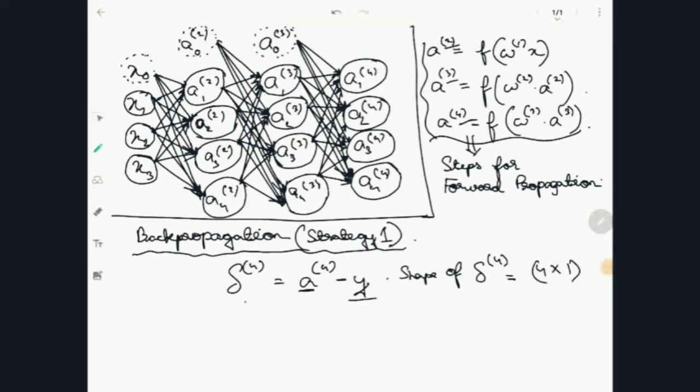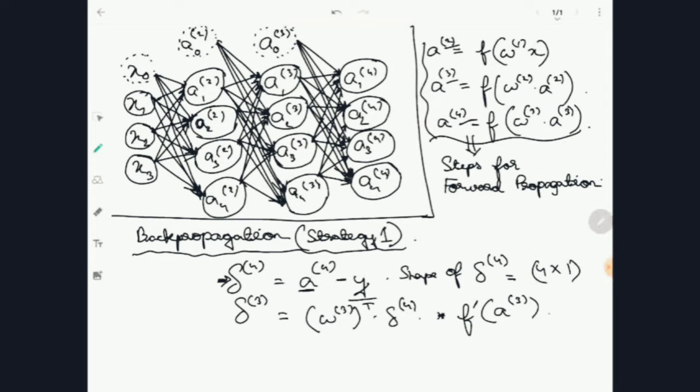Now moving to del 3, which corresponds to the third layer. Del 3 is W3 transpose del 4, element-wise multiplied with, and I am writing a general term, which will be better for understanding, f dash of A3.